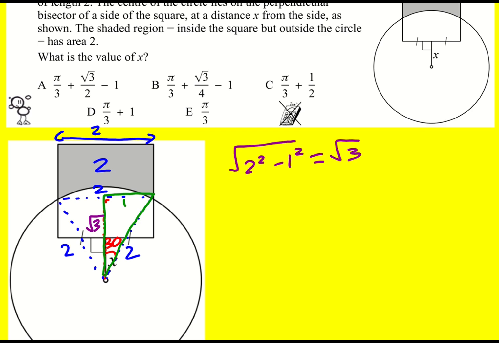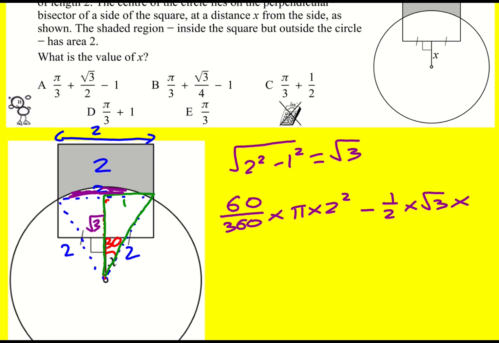So what I can do now is head towards finding this area here. It's going to be the area of the sector that we have, so 60 over 360 times pi times 2 squared, minus the area of the equilateral triangle. And I can just do half base times height here: half times root 3 times 2, because it's the whole thing I'm doing now.